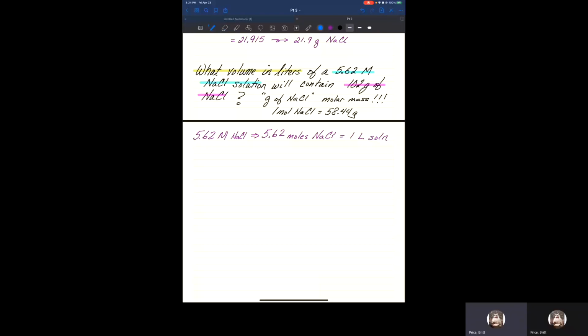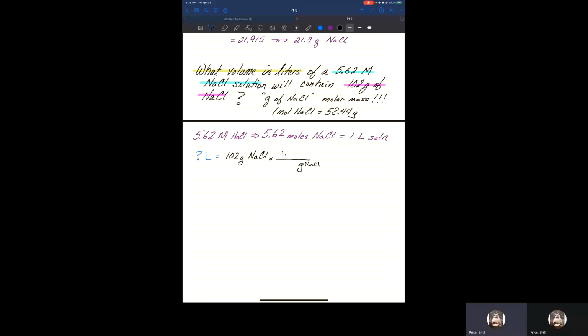Starting point. How many liters equals 102 grams NaCl? Want to get rid of grams NaCl.